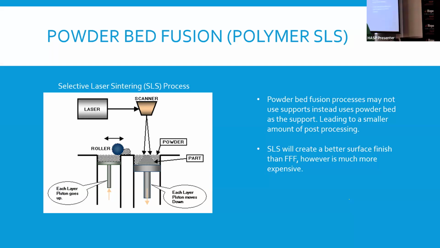These are both powder bed fusion, the SLS. Generally it comes out pretty grainy, but depending on the particle size of the plastic that you're pushing onto your bed, it creates finer particles. Finer particles equal better surface finish.